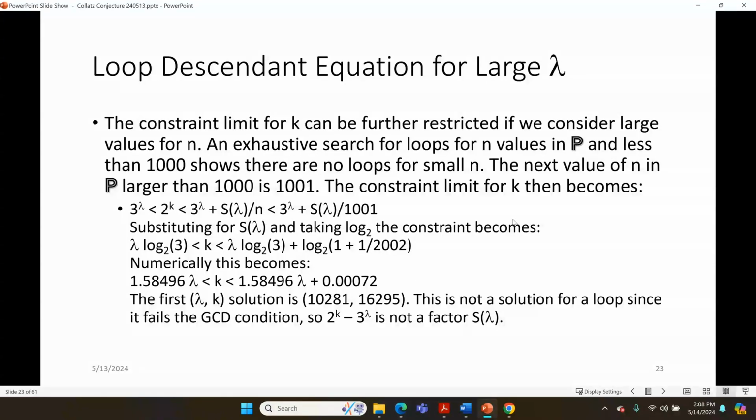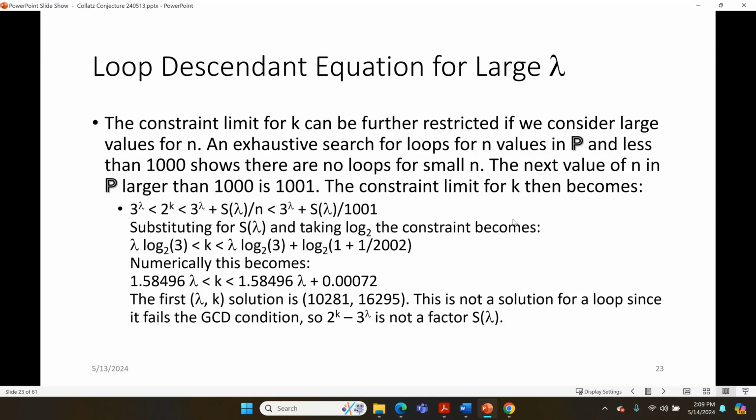So we go to the next odd number above 1,000, which is 1,001. If we apply that in the equation, then we get a very tight limit that suggests that the next solution would be lambda equal 10,281. We can verify that also fails the GCD condition, because 2 to the k minus 3 to the lambda is not a factor of S of lambda.